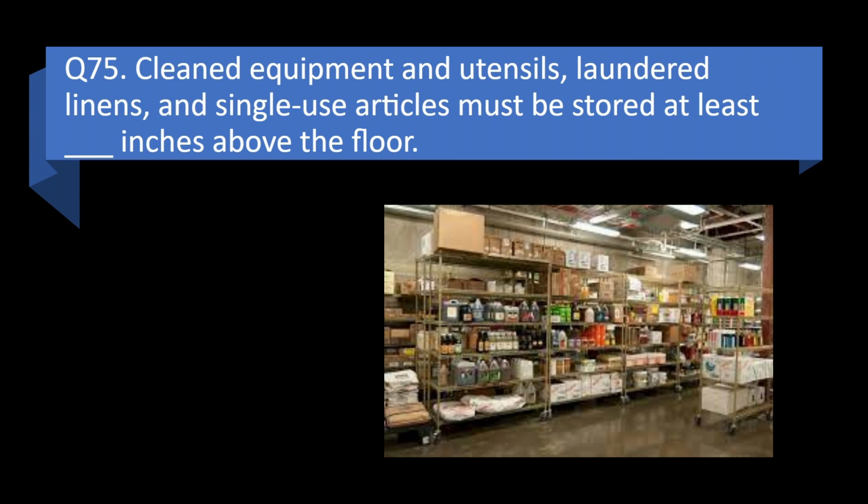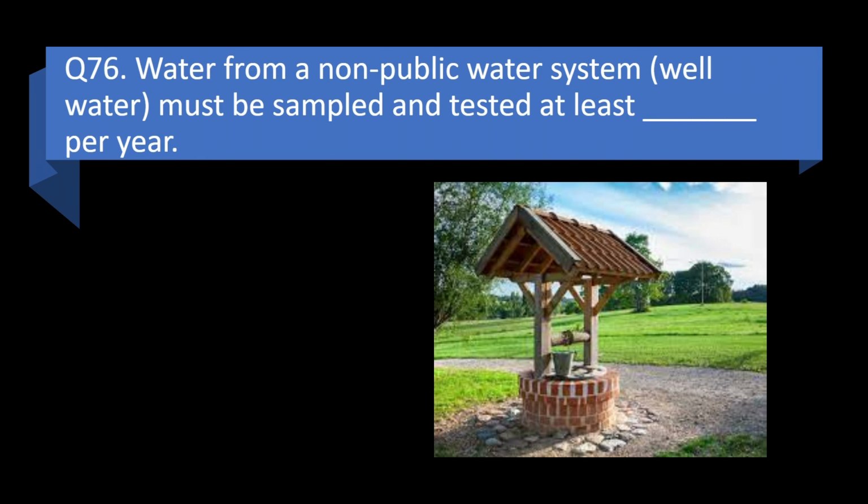Question 75. Cleaned equipment and utensils, laundered linens, and single-use articles must be stored at least blank inches above the floor. 2, 4, 6, or 8. C. 6. Question 76. Water from a non-public water system, well water, must be sampled and tested at least blank per year. Once, twice, 3 times, or 4 times.